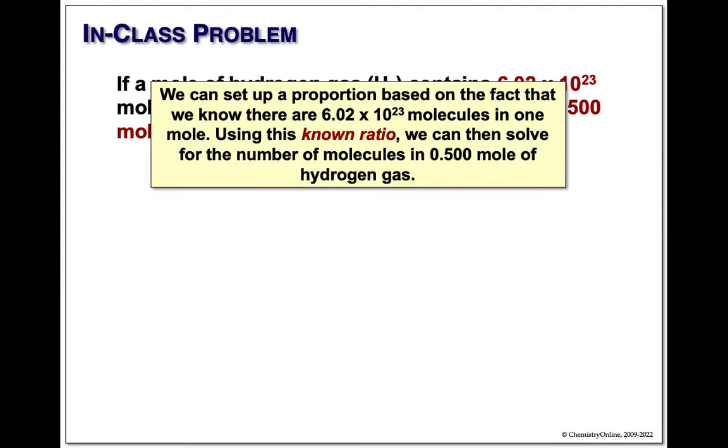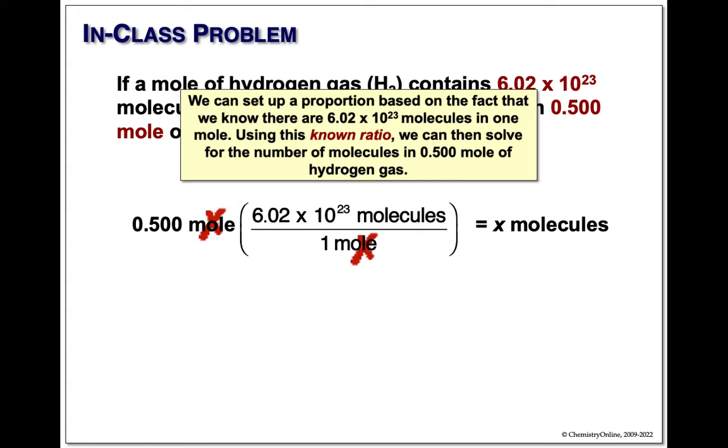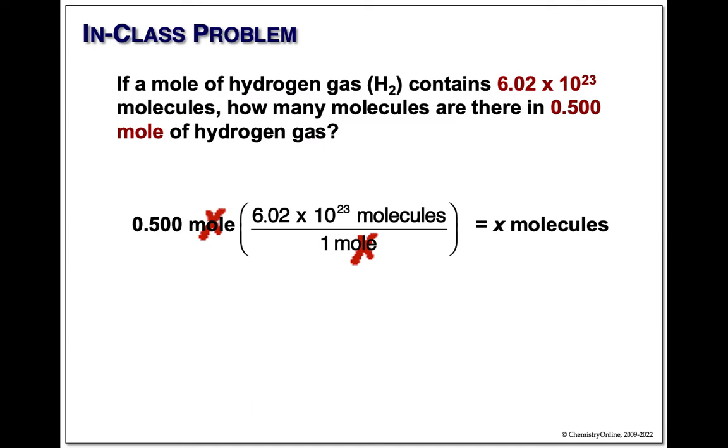We know there are 6 times 10 to the 23rd molecules in a mole. We know that we have half a mole, so that's our given. We'll start off with our given. In our ratio, molecules per mole, mole in the denominator. Moles are going to cancel here, and we're left only with molecules.